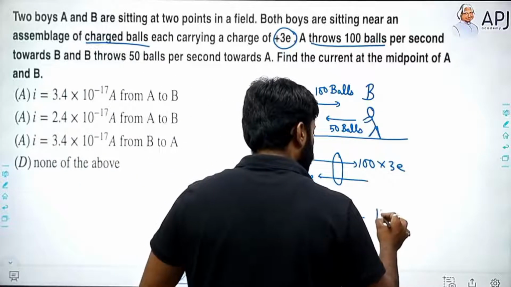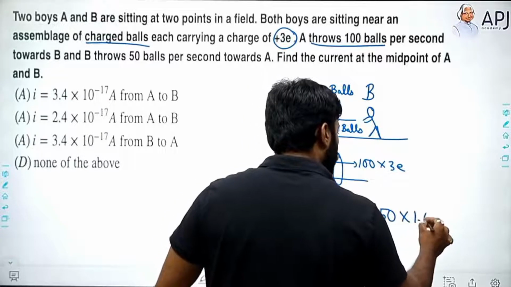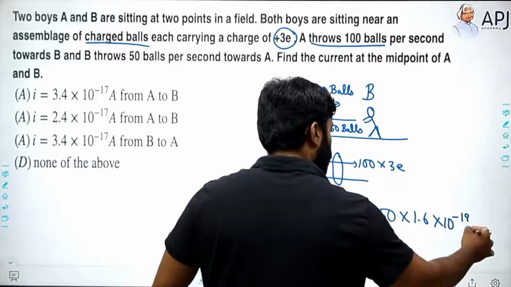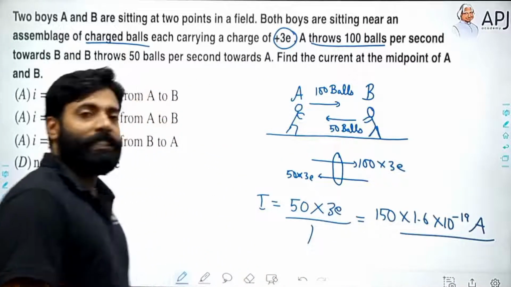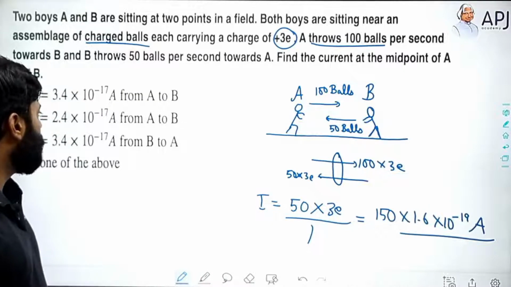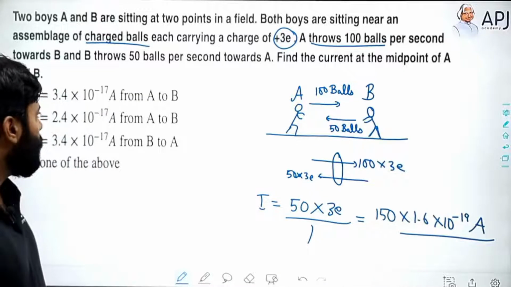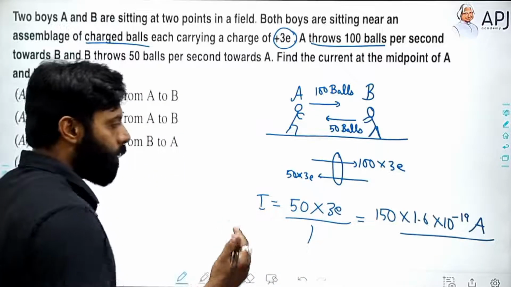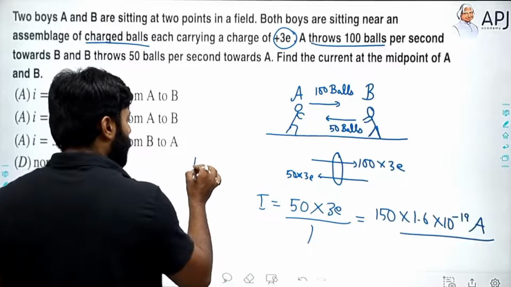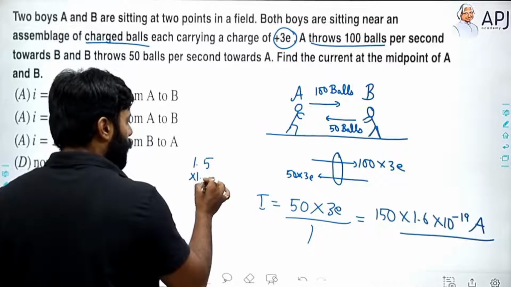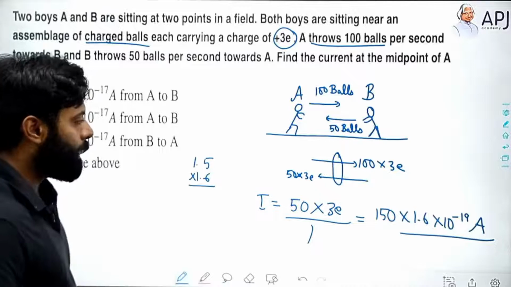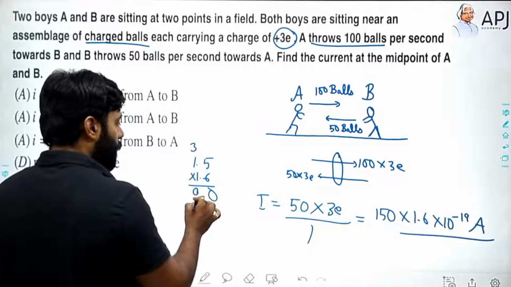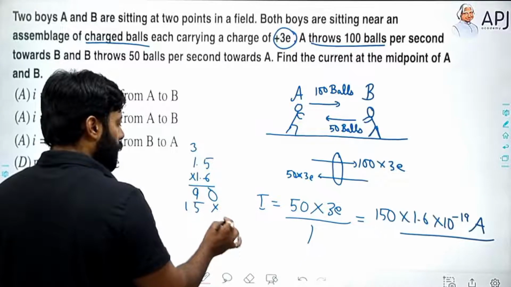So 50, 5 3 50, 150 into 1.6 into 10 to the power of -19 coulomb. Now, this much amount of current is going through that, right? Now, you already know what the answer will be here. Yes. So I can multiply 1.5 into 1.6 so that my answer will match. 6 5s are 30, 6, 7, 8, 9, 15, 0.